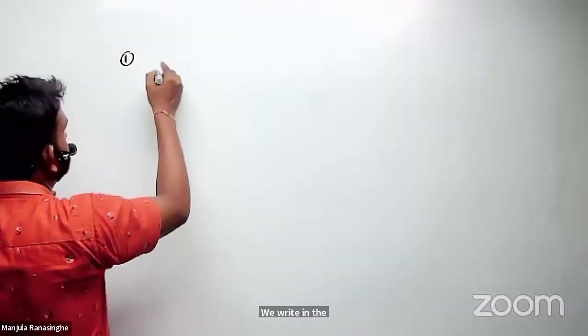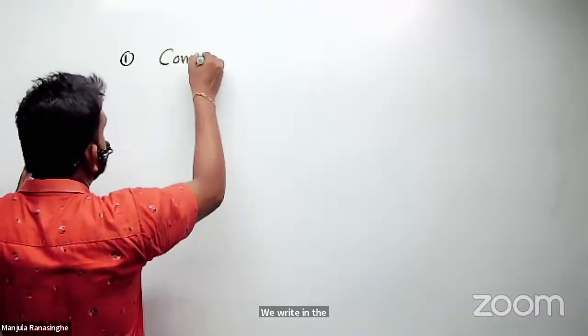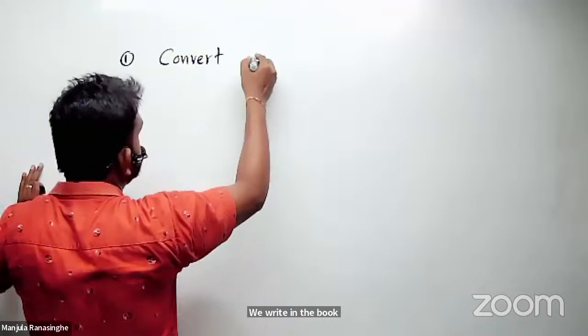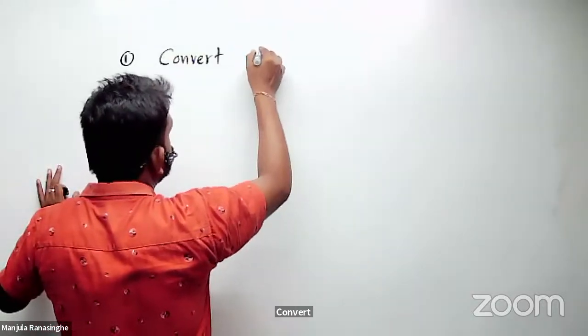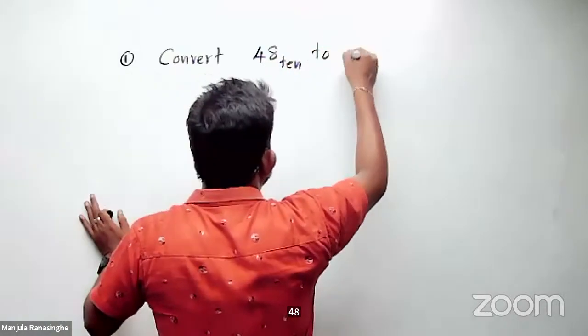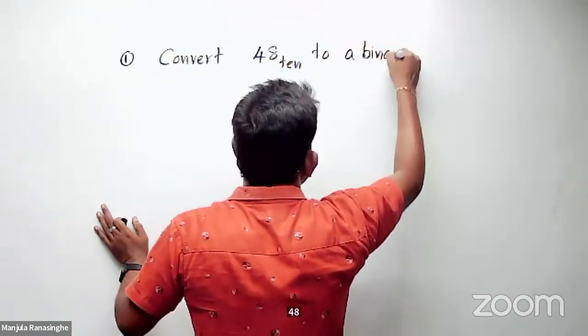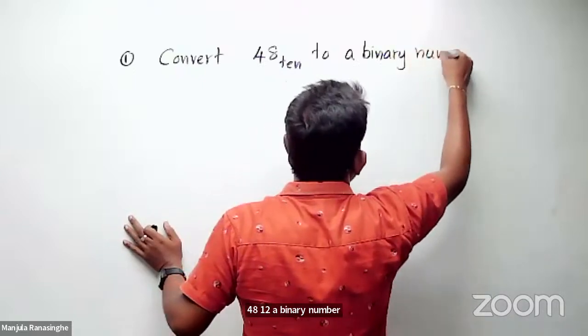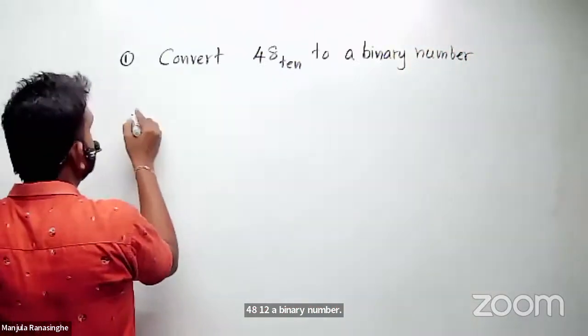Sir, should we write in the book? Yes, you have to write. First one, convert 48 base 10 to a binary number. This is the first question.